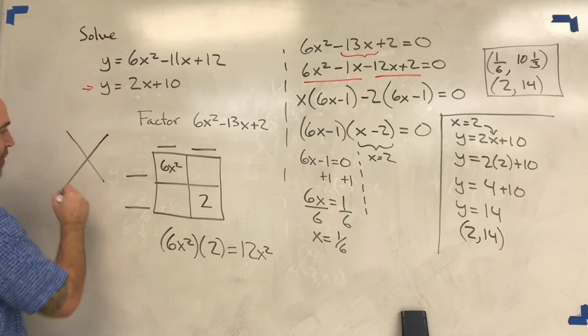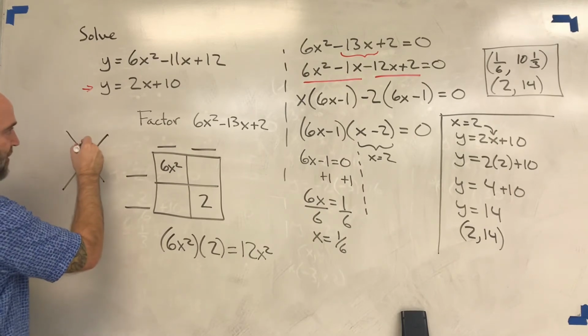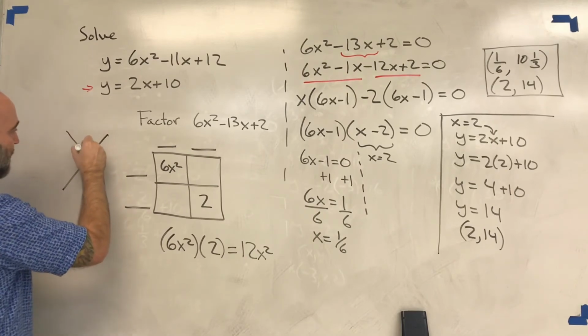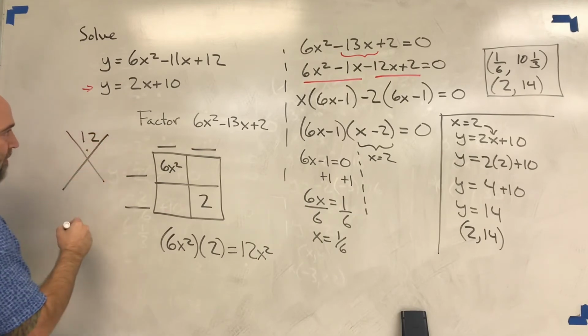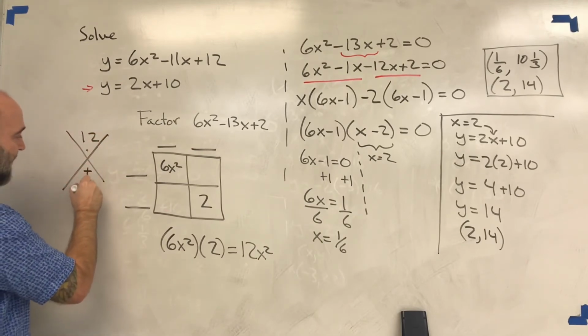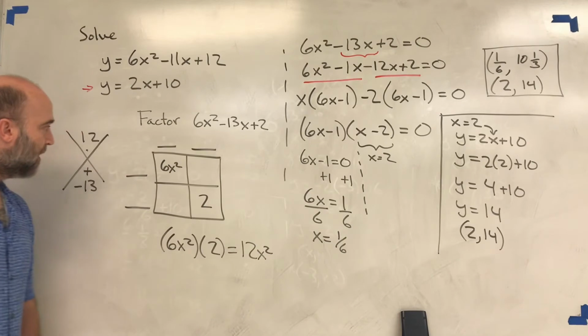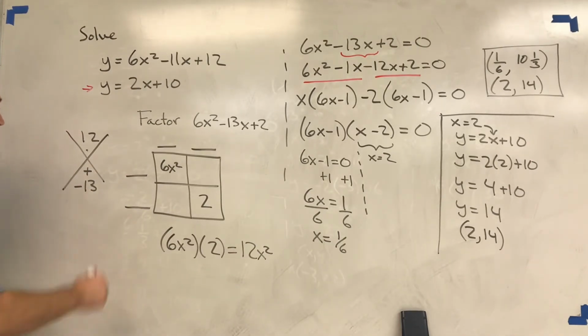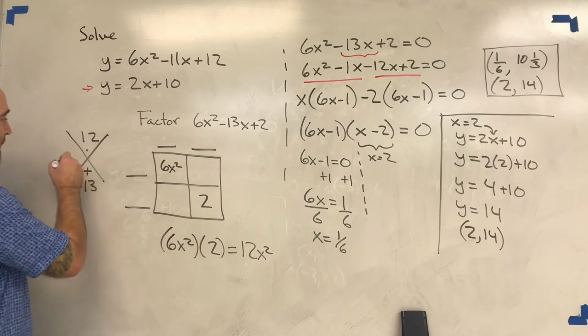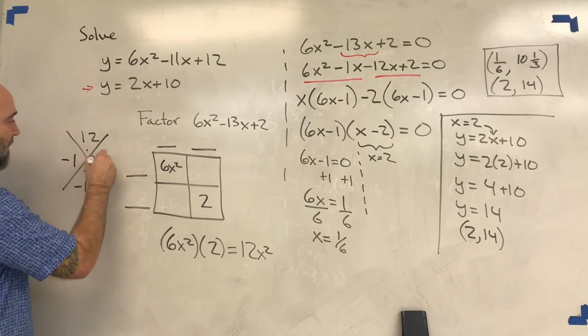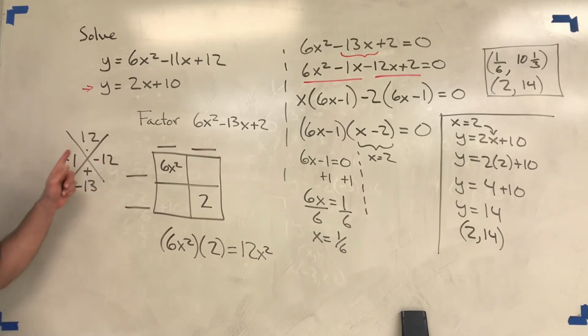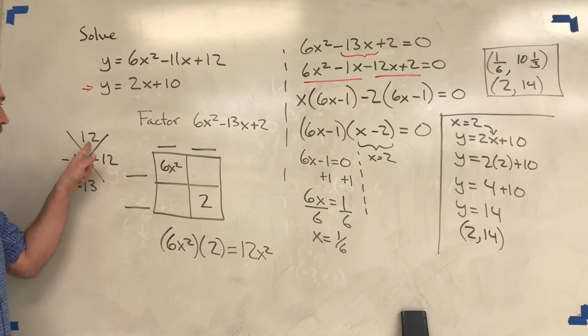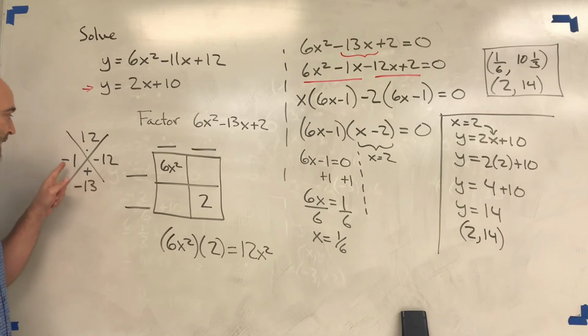The diamond problem is: what two numbers multiply to be positive 12 and add to be negative 13? Well, we just talked about this. Negative 1 and negative 12. Negative 1 times negative 12 is positive 12. Negative 1 plus negative 12 is negative 13.